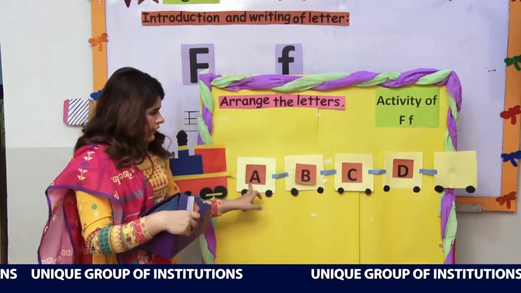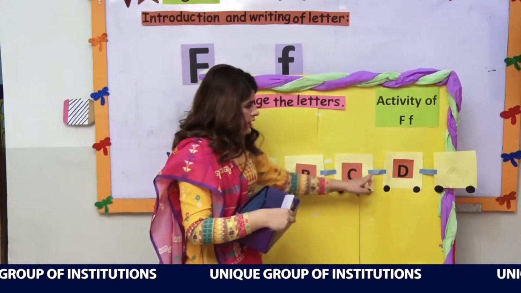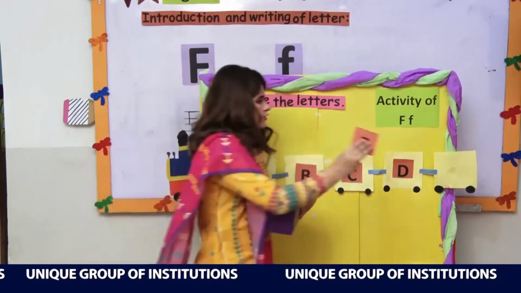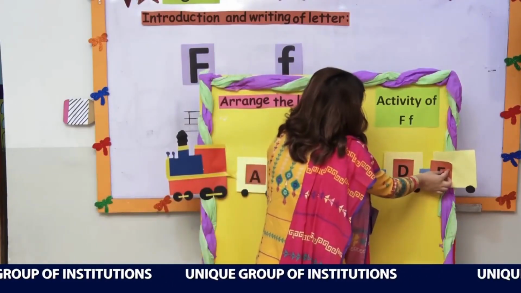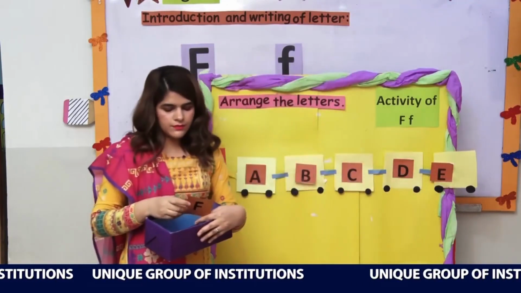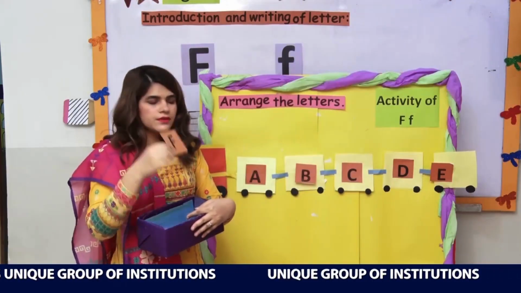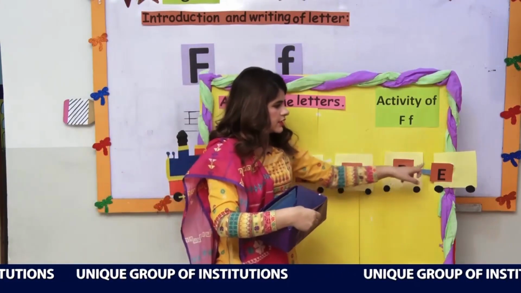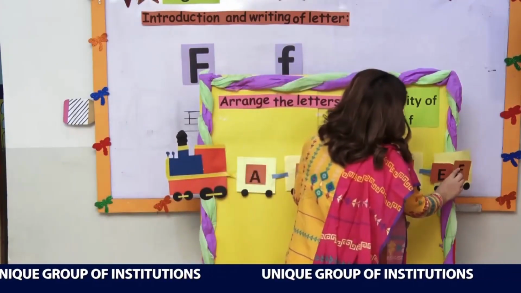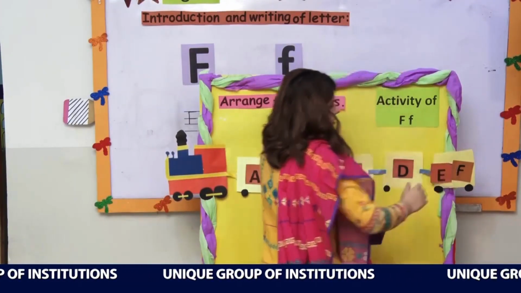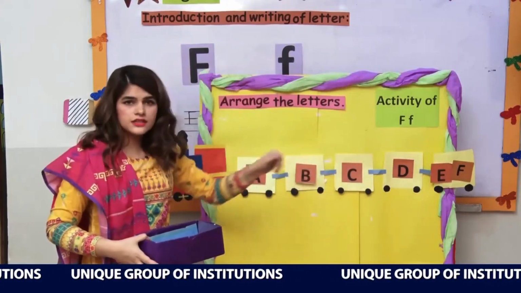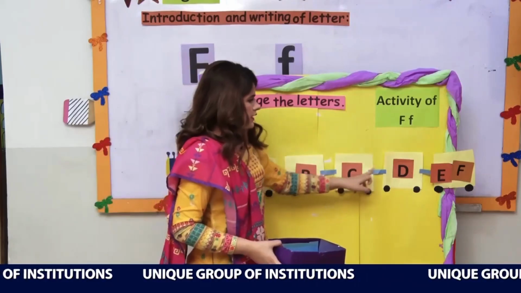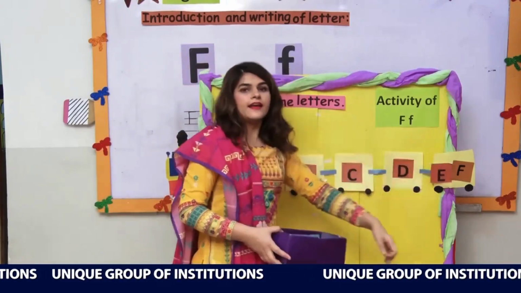So read again, A, B, C, D, E. Here comes the sound of E. So I am going to paste the E first. Then on this box I am going to also paste the last letter of this train, F. So they are sharing the box. Start from here, A, B, C, D, E and F.